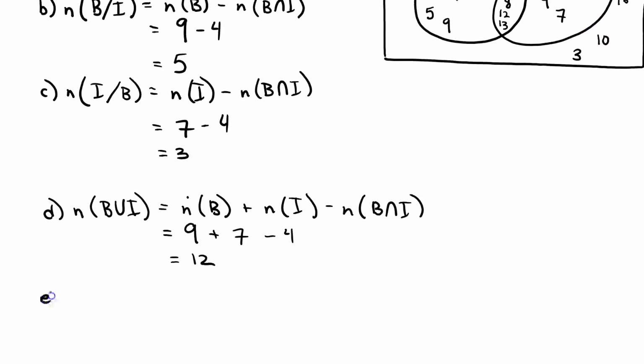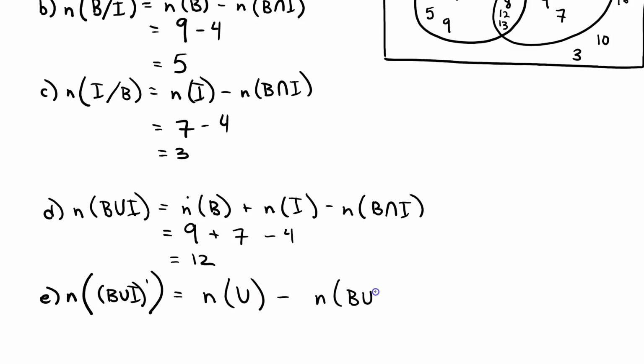Again, this is the most important part of the unit. The number in the complement of B union I would be the number in the universal set minus the number in B union I. The total number of sports is 16, and we know that the number in the union is 12, so 16 minus 12. Woohoo! Look at that. We have 4.